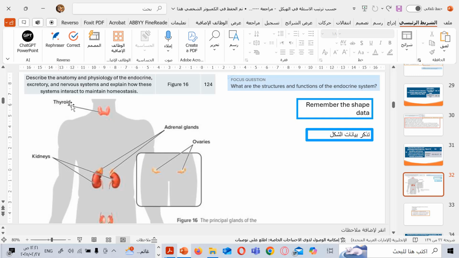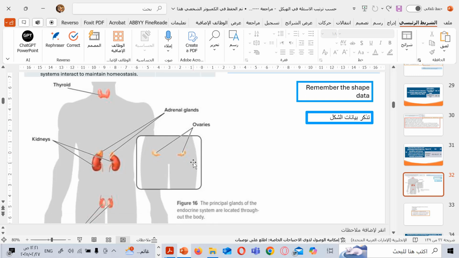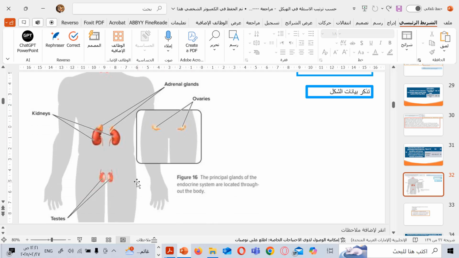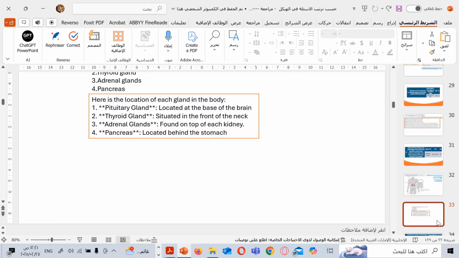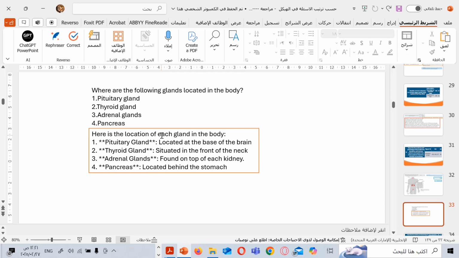This is the structure: thyroid gland, kidneys, adrenal gland, and ovary and testes. And this is the question. We mentioned this question before.